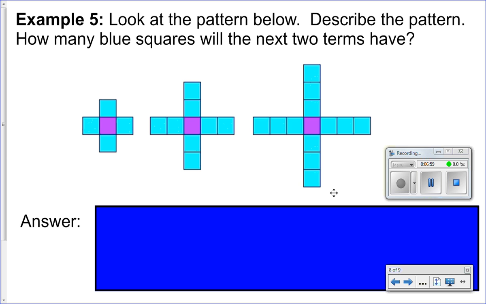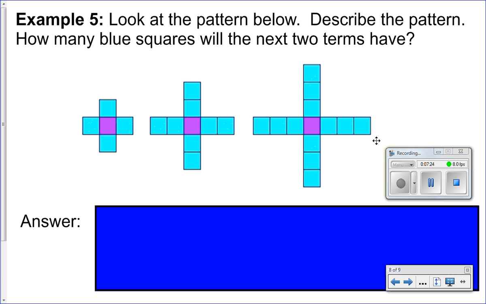Okay, and time for another geometric pattern. Take a look at this pattern below. I want you to pay attention to what's happening with the blue squares every time we add a new term. So again, what you're going to do is put the video on pause, and you're going to write down what the pattern is that you see.